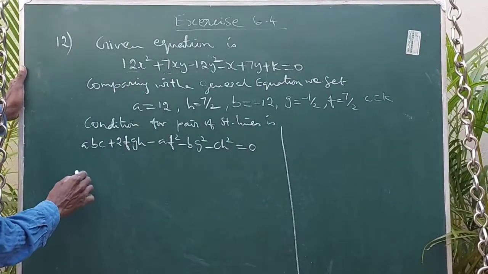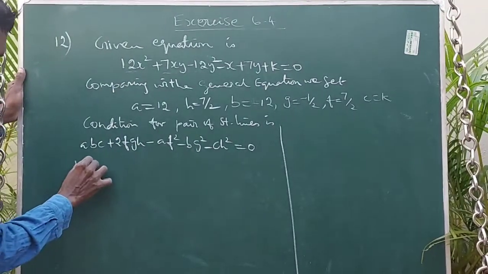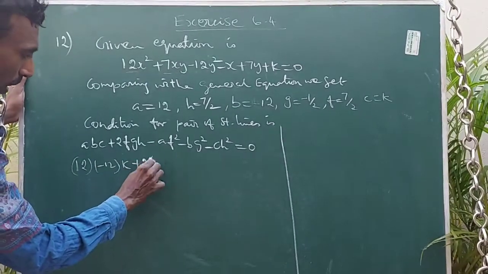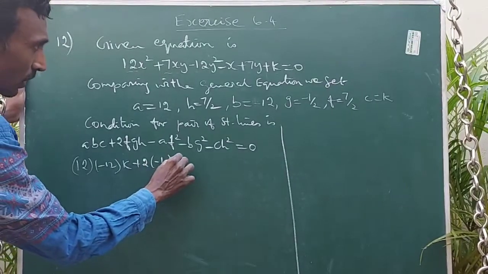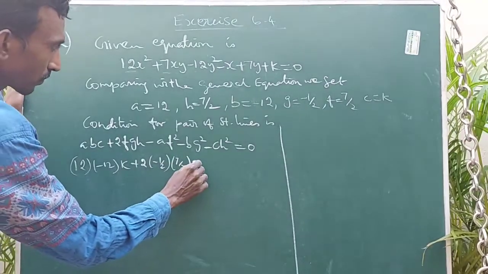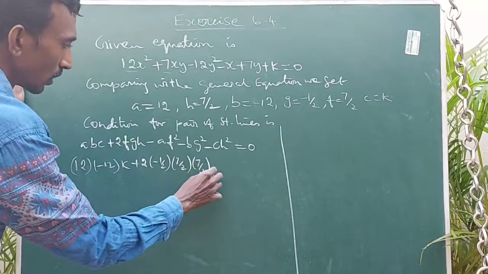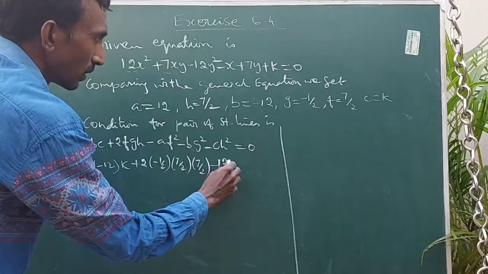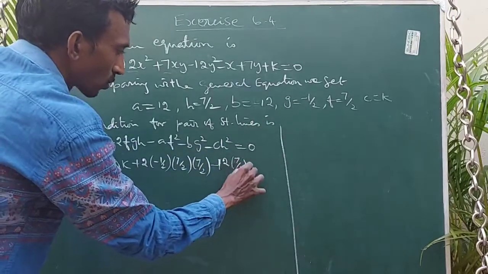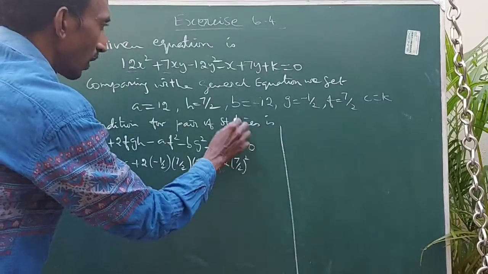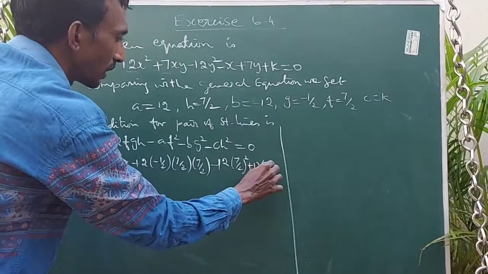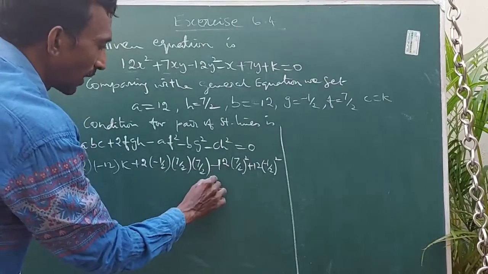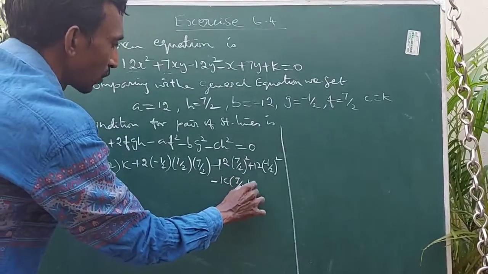So put all the values. 12 into −12 into k, plus 2 into −1/2 into 7/2 into 7/2, minus 12 into (7/2) whole square, minus 12 into (−1/2) whole square, so minus k into (7/2) whole square equal to 0.